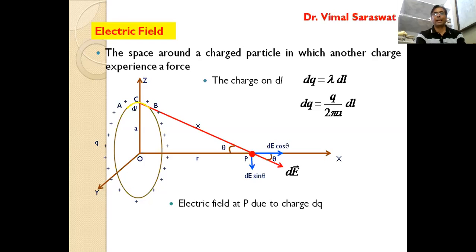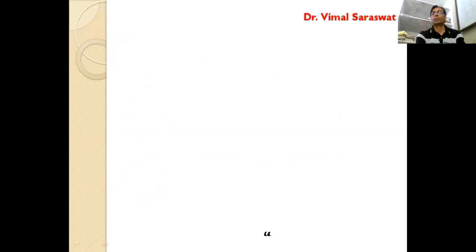So electric field at P due to charge dq, dE is equal to k dq upon CP square. Here CP is equal to x. Now dq is equal to q upon 2 pi a into dl.